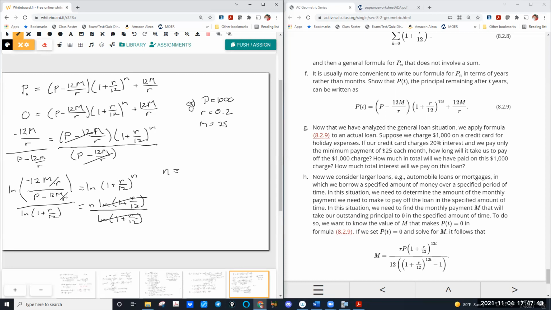So n equals natural log of negative 12 times m, which is 25, divided by 0.2, our interest rate, over our principal amount, which is 1,000, minus 12 times 25 divided by 0.2. And then our denominator, ln of 1 plus 0.2 divided by 12.